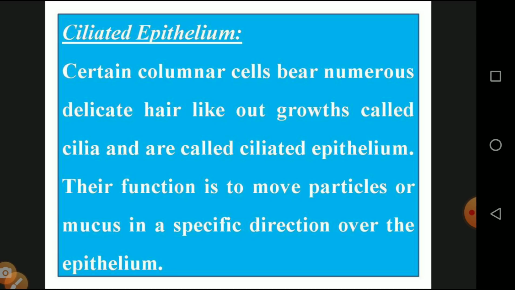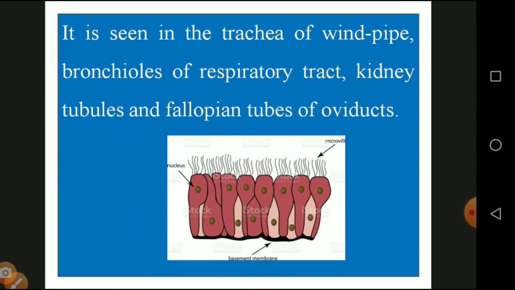It is seen in the trachea or windpipe. We know that in the neck region we have the trachea, and the bronchi are available in the lungs, respiratory tract, kidney tubules, and fallopian tubes. Fallopian tubes are part of the female reproductive organs. The oviduct is also part of the female reproductive organs. So they consist of this type of epithelium.